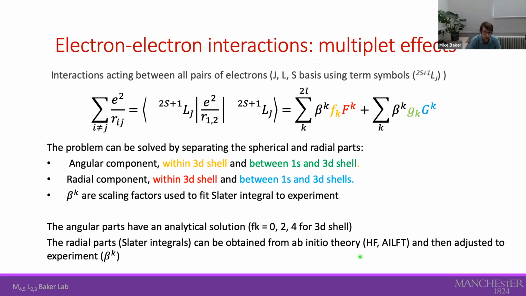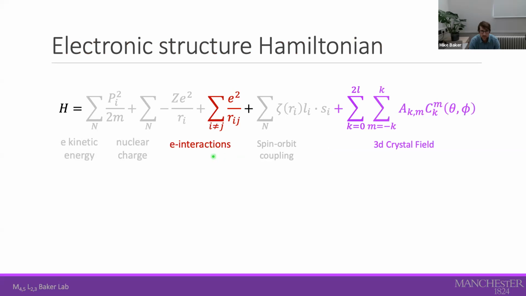Typically we would use Hartree-Fock theory, and most multiplet codes have the Slater integrals obtained from Hartree-Fock theory readily calculated. So the aim here, in terms of a free parameter, is a matter of scaling what is obtained from ab initio theory to the experimental data. So that's the electron-electron interaction part.